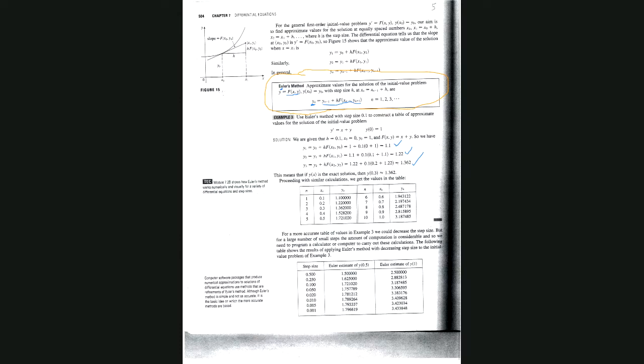The y1 equals y sub 0 plus h times the derivative evaluated at x sub 0, y sub 0. Well, you're told that x sub 0 is 0. That's here. And y sub 0 is 1.